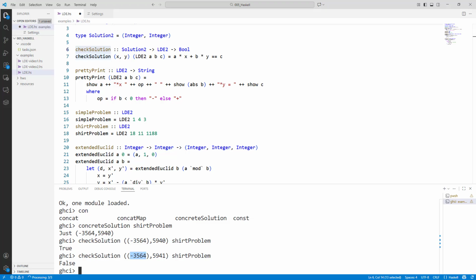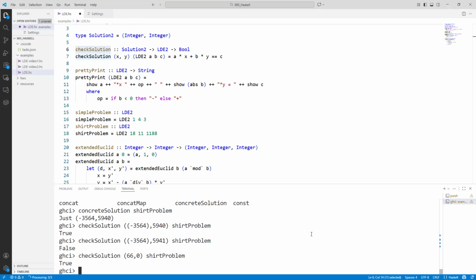So the thing is, we know from part 1 of the series that 66 and 0 is actually something that works. Just to show what I mean. And it means that we want some kind of a better solution.